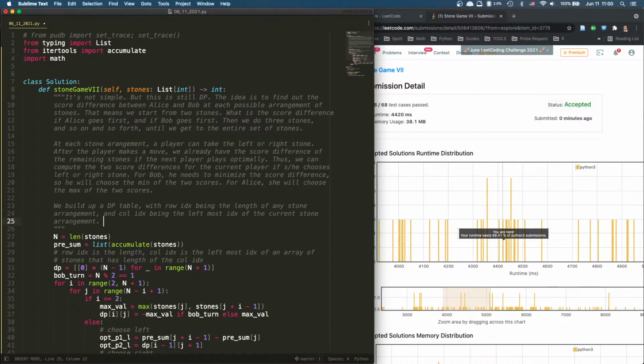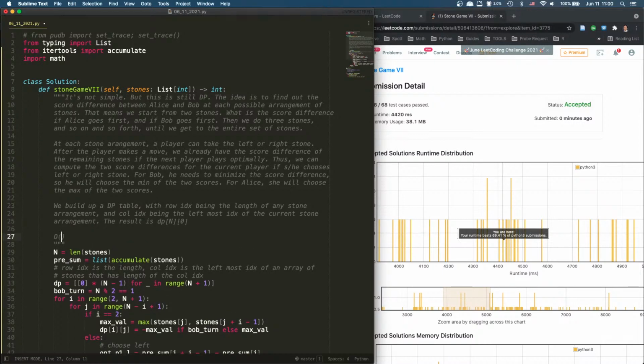Right? The result is dp[0]. Runtime is O(n) squared, and we hit 4420 milliseconds, or a 69% ranking.